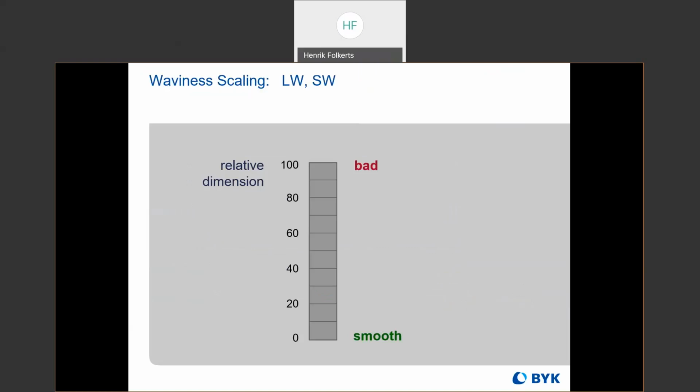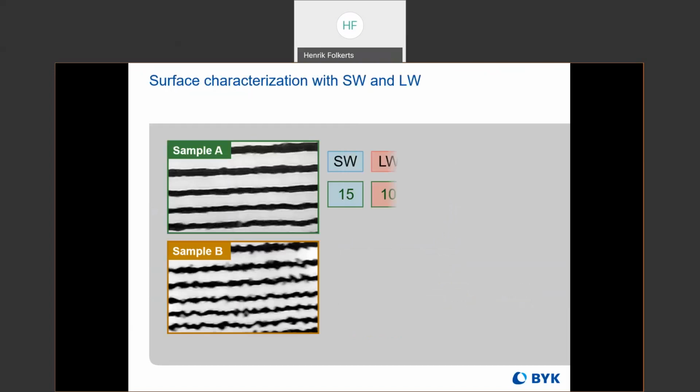And just as a relative thing, know that higher short wave and long wave mean more structure in the surface, which is generally considered bad. You generally want less structure in the surface, so it's a smoother looking surface with better DOI, better brilliance. So higher numbers are typically considered bad for short wave and long wave at least.